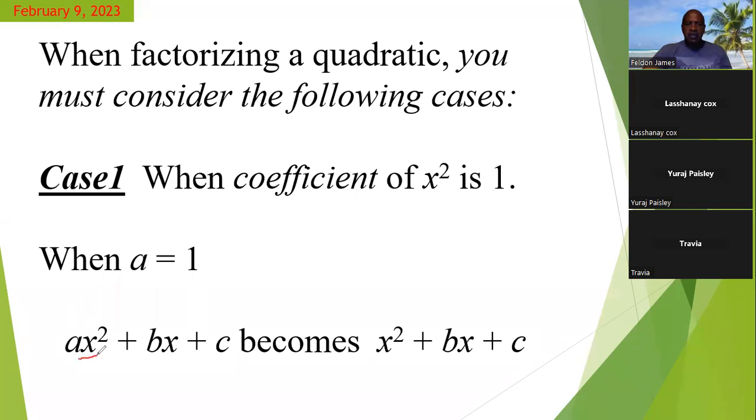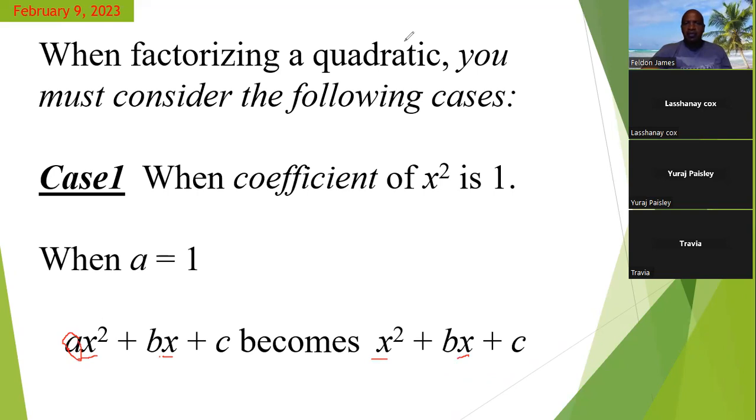So this is the x squared, then you have x. Now this one where we have a, the coefficient of this one would be a.